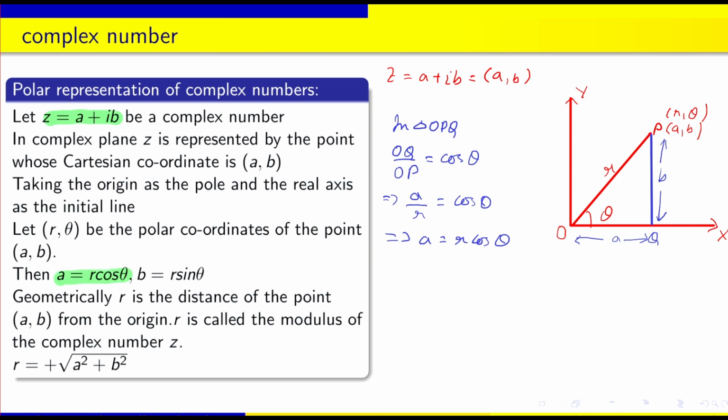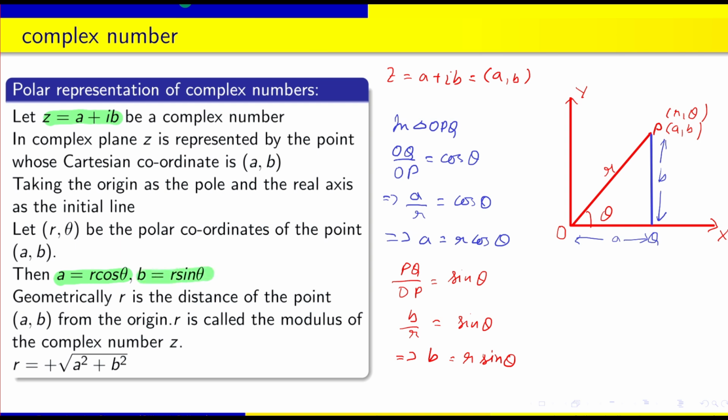And again from the same triangle, PQ by OP is equal to sin theta, that is perpendicular by hypotenuse. PQ is b, OP is r again, so b is equal to r sin theta. So again we get this relation, b = r sin theta.